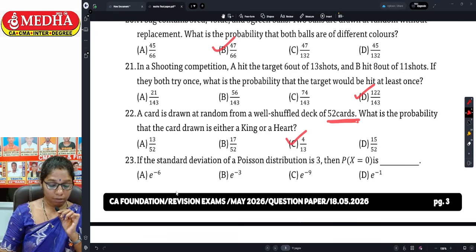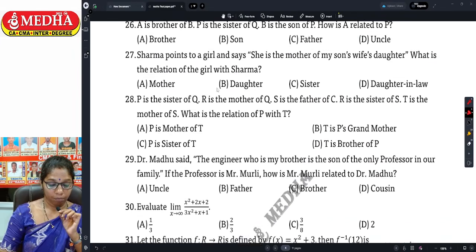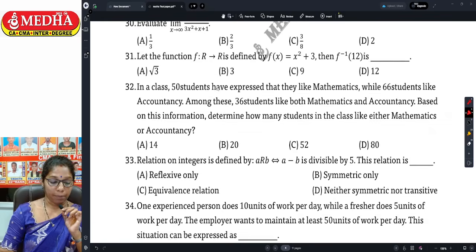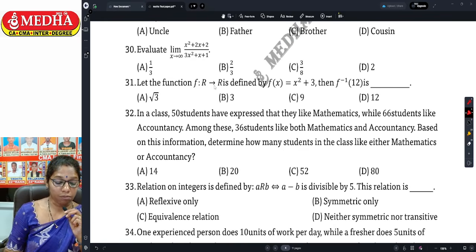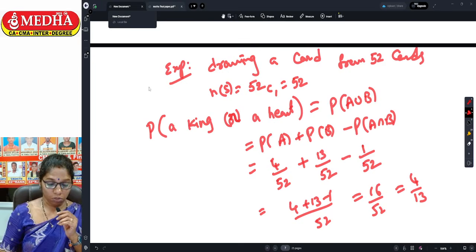And next one, questions from maths. Again question number 30. Evaluate limit x tends to infinity of x square plus 2x plus 2 by 3x square plus x plus 1. So by solving this, what is the solution?